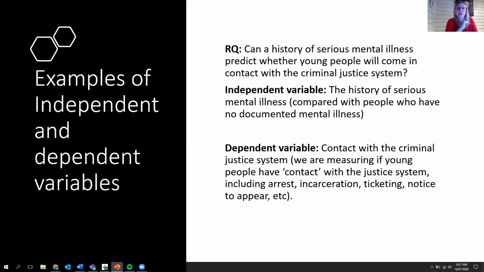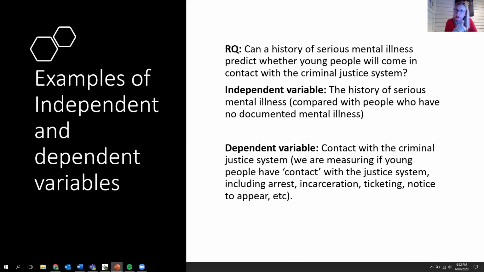I might say contact could be arrest, it could be incarceration, it could be getting a ticket, it could be getting a notice to appear. So basically any sort of formal contact with police officers, with the courts, justice system in general, all right? And what do I think affects that? In this research equation, I'm saying people who have a history of serious mental illness.